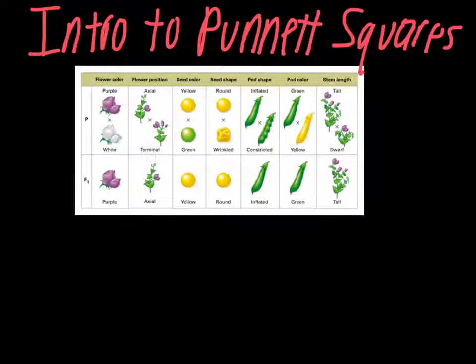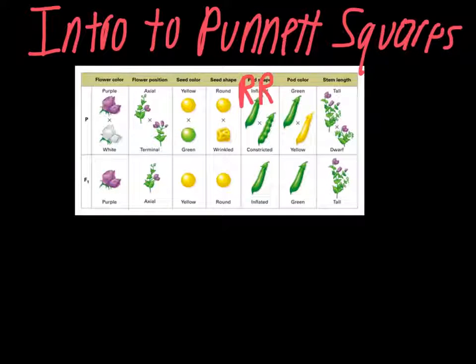If you remember from the previous video, the letter that we're going to use to represent the alleles in this case is going to be the first letter of the dominant trait. So for example, if a pea plant has round peas, it either has two dominant alleles. Remember, these alleles come from the parents.